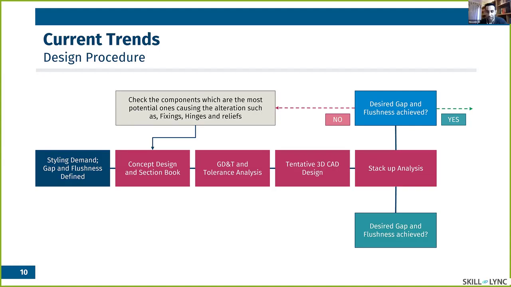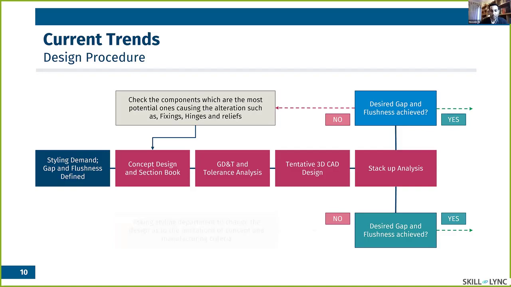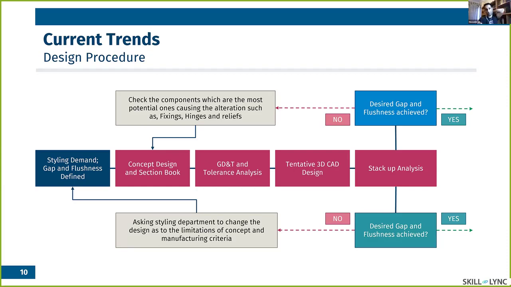But if not, we're obliged to ask the styling department to change the design completely, because we would explain to them that we are not able to achieve these gaps and flushnesses that they have defined because of different criteria during our manufacturing. In that way, the styling department would change the styling demand, and we would have the complete procedure again.